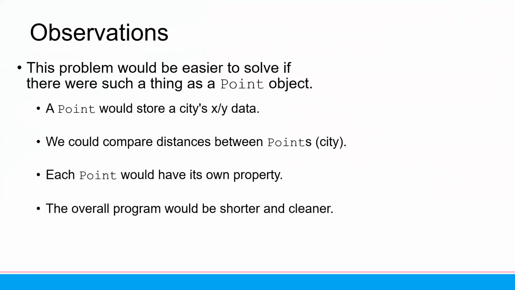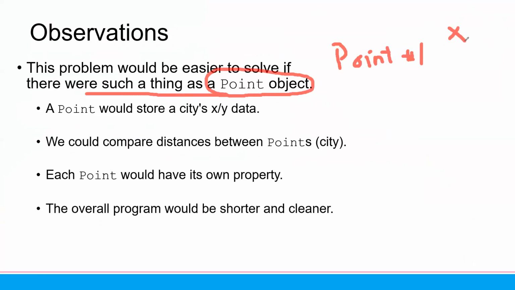It can be easier to solve if there were such a thing as a point object. Okay, we call it a point object. So let's say I have point number 1. Maybe point number 1 is Seoul. So I can define the x and the y of Seoul city. I have another point number 2, and I have another x and y to define point number 2.